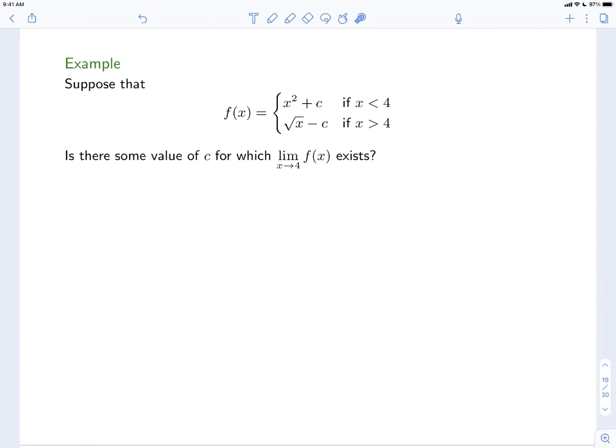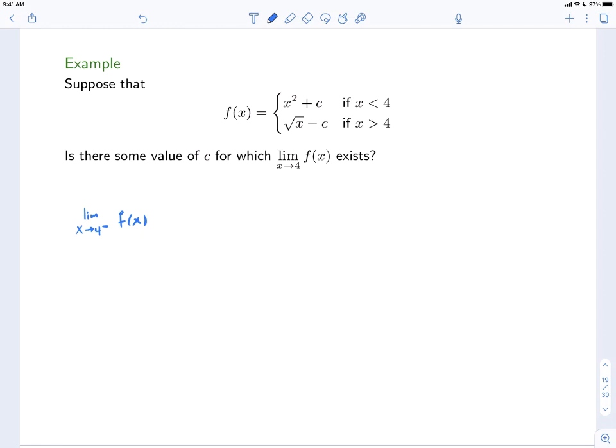So the question is, is there some value of c for which the limit as x approaches 4 of f at x exists? Well, in order to determine that, we need to look at the left limits and the right limits as x approaches 4. So let's start with the limit as x approaches 4 from the left.